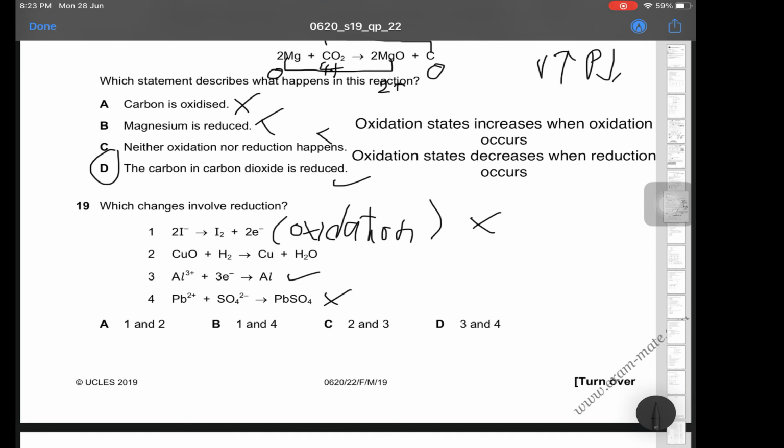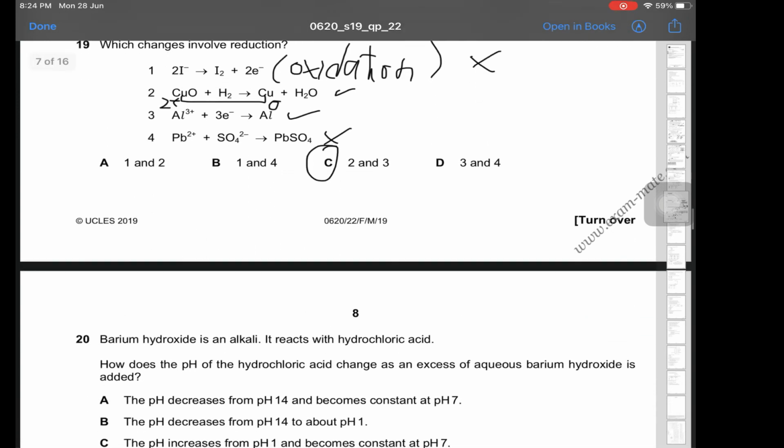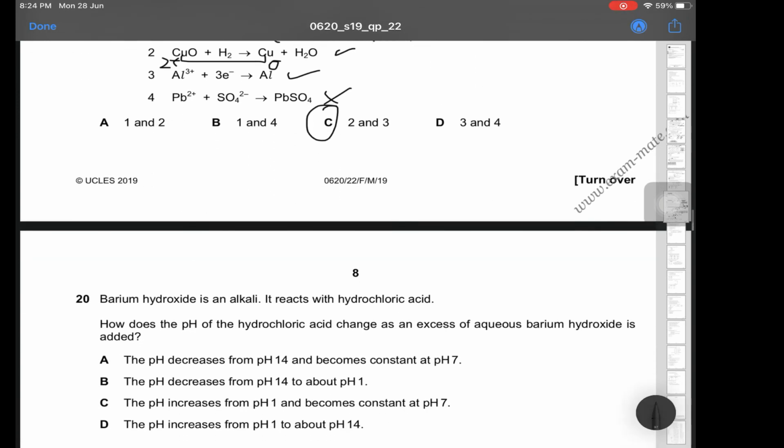So 4 is also wrong, and 1 is wrong. Number 2, CuO plus H2 to Cu plus H2O. Now let's check the oxidation states. You can see here is 2 plus, and here becomes 0. And in this case, the copper in this copper oxide is being reduced because its oxidation state decreases. So 2 and 3 are correct. So number 19 is C.